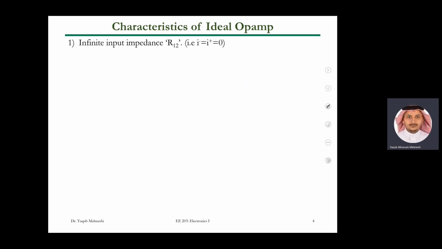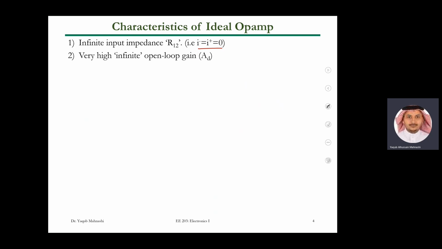We can make it a general impedance, resistance or capacitance, but it is actually resistance. And that results in I negative equals I positive equals 0, which will simplify the analysis very much, as will be clear later, inshallah.